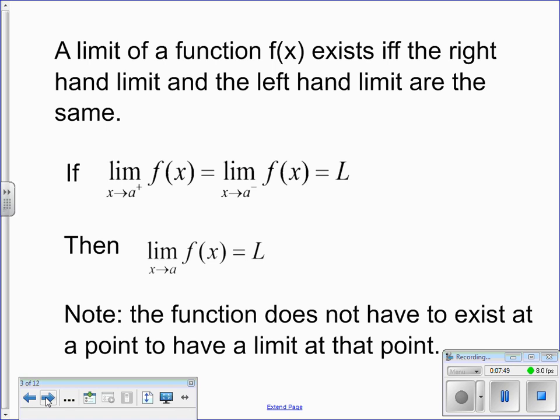You need to know this notation. If the limit as x approaches a from the right of f of x equals the limit as x approaches a from the left of f of x, and they're both equal to L, then the limit itself exists and it is that limit L.